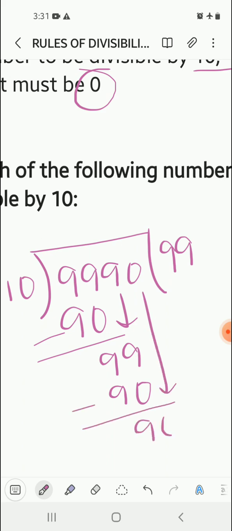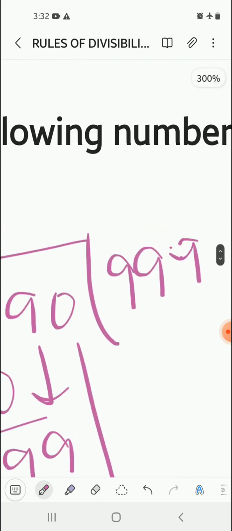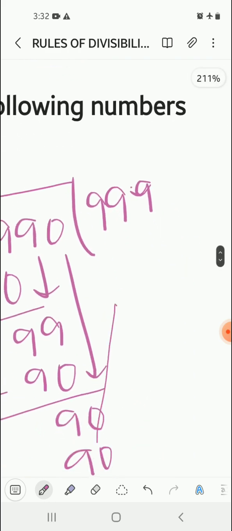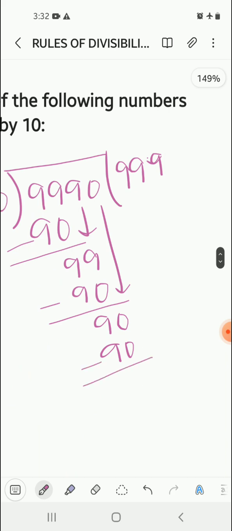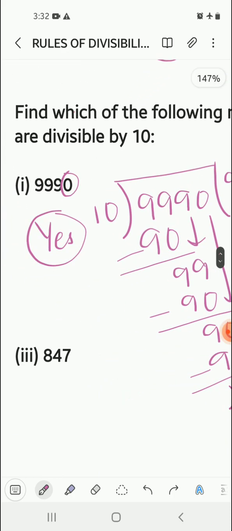And again the 0 comes down. So 10 into 9, we get 90. It leaves no remainder. Therefore, we can say, hence proved, that it is divisible by 10.